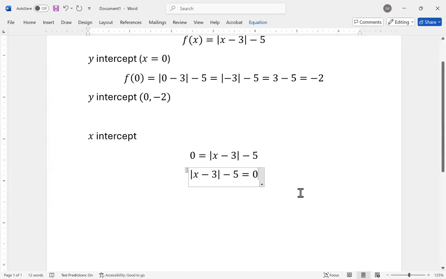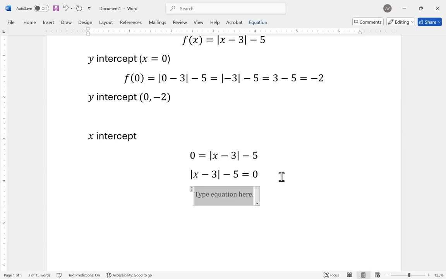It doesn't really matter which one you use, you just have to solve for x in either case. I think I'll use the second form because in the previous cases, we've always had our absolute value on the left-hand side.